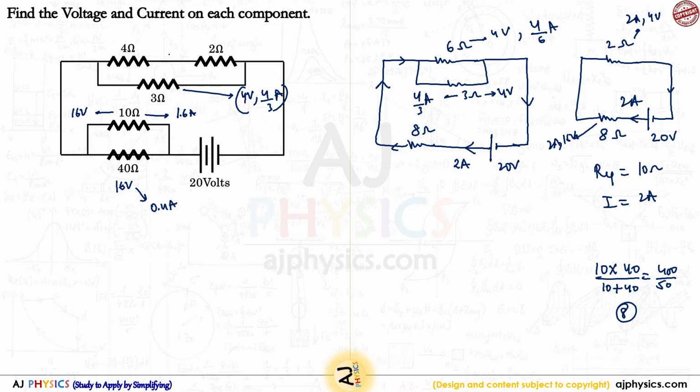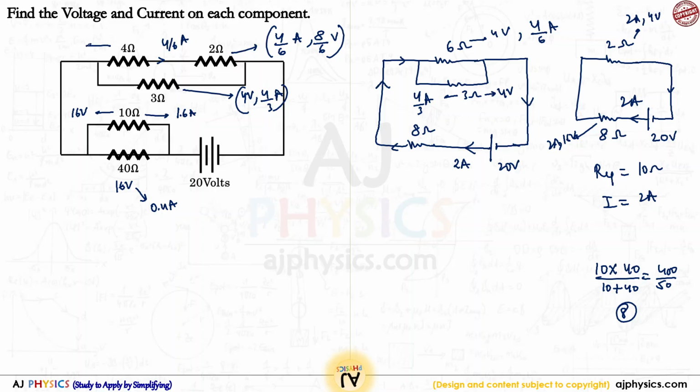This is 4 by 6 ampere current flowing from here. So this will have 4 by 6 ampere multiplied by 2. So that would be 8 by 6 volts.